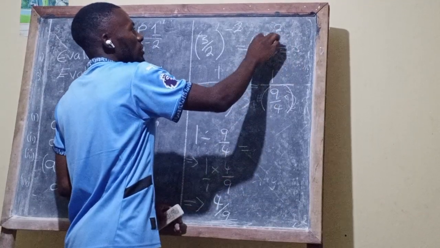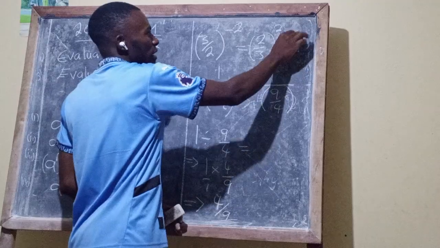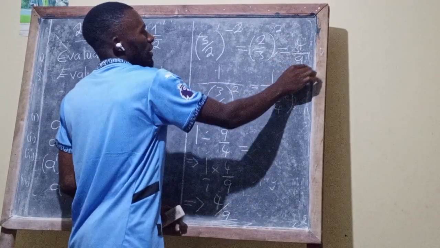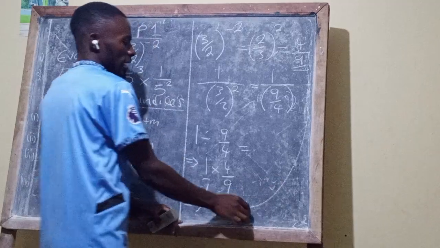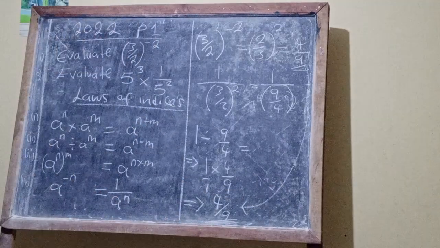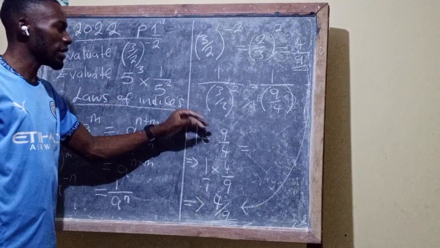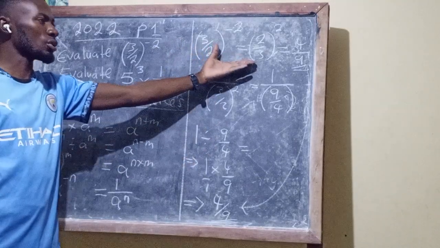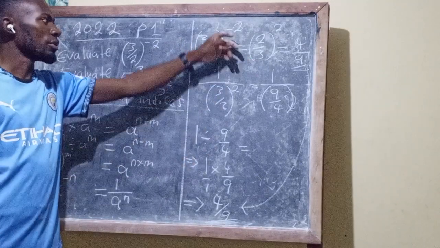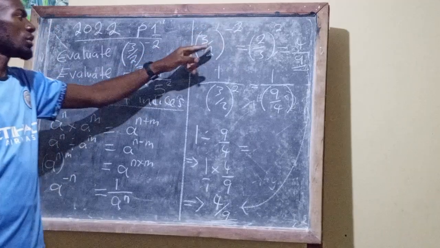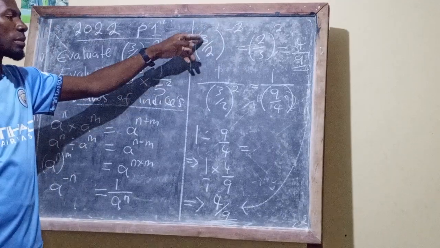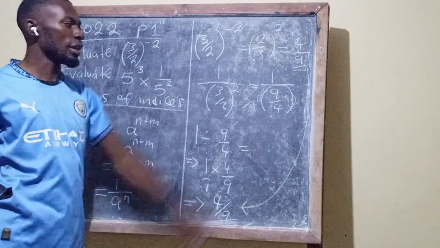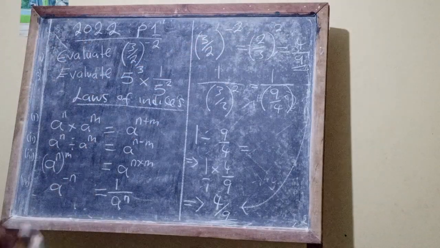When you square this, that is 4 over 3 squared, that is 9. You still get the same answer as the one down here. So what I've done here is the normal process, but there's also a shortcut way of doing these things. To remove that negative, you just interchange the numerator and denominator, then the power changes to a positive power.